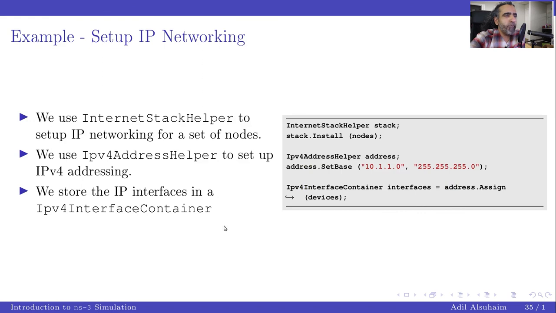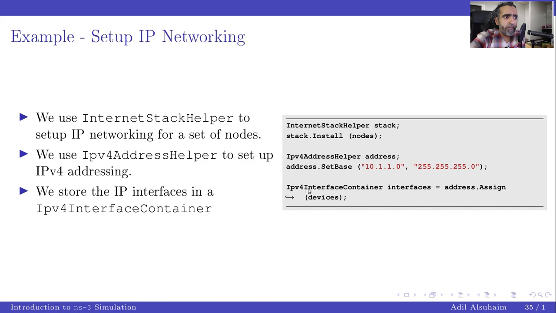Now, we will want to set up the internet stack, basically IP and all of that good stuff. It's as simple as doing InternetStackHelper stack, stack.Install nodes. So this is the node container. Then we want to set the IP addresses, so we give it a base 10.1.1.0, and this is a subnet mask.